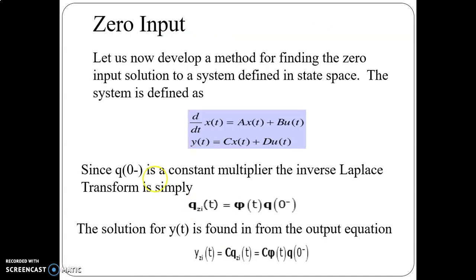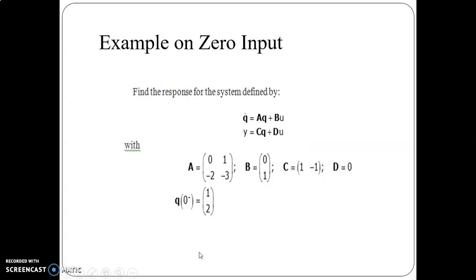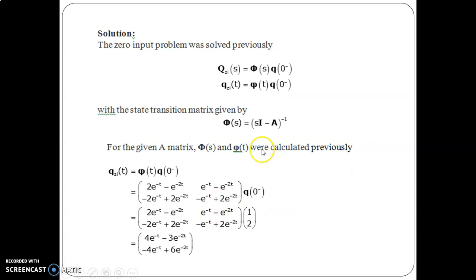Another one: you have to consider the zero input condition. Now you know the equation for the STM, known as phi of t. When you consider the initial condition, you multiply the initial condition matrix by the STM matrix phi of t, and then multiply this by the C matrix. That is your final answer for the output equation. Consider the previous example, where the initial condition matrix is 1, 2. In the previous example you found SI minus A inverse and the final phi of t using the Laplace inverse.